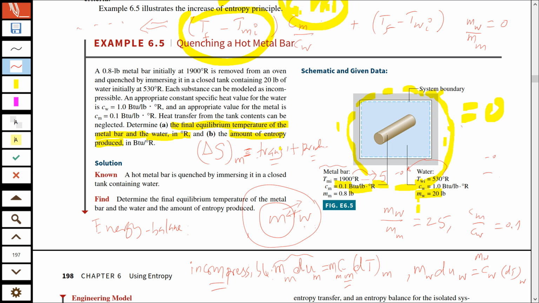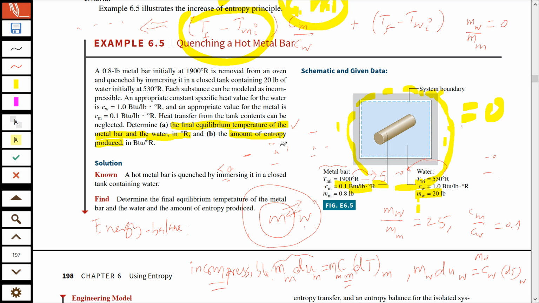Definitely this transfer is negative because heat transfer is away from the metal, so you will have a negative term here. And this is the irreversibilities inside the metal. So if this irreversibility is insignificant compared to the transfer, then this will be negative. But we have to look at the numerical values.